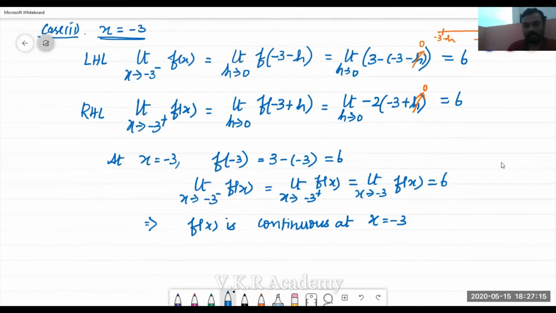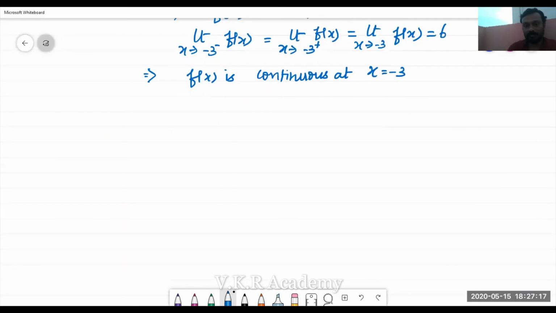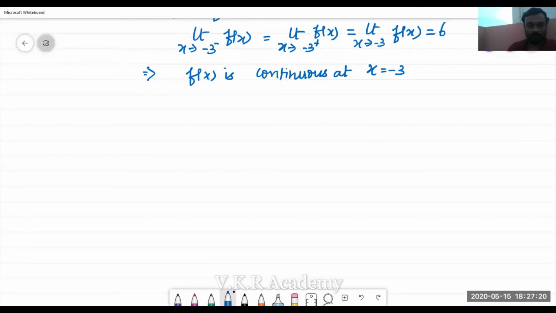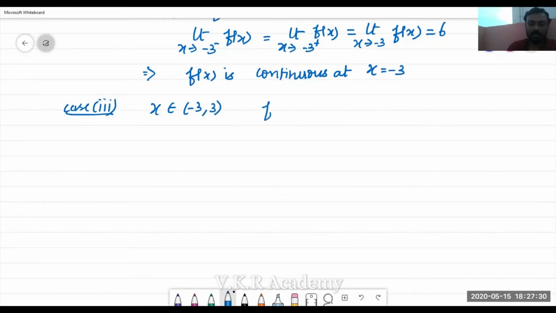Now let's discuss the third case. Case 3, where x will lie in the interval minus 3 to 3. In that interval, our f of x is minus 2x.